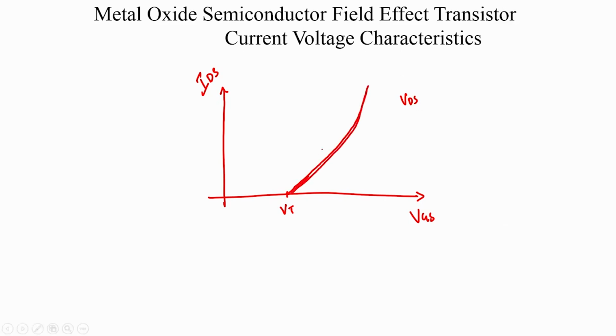So, once you pick a certain VDS, let us say VDS is now fixed, for values of VDS less than VGS minus VT, which implies that in this region, VDS has the possibility of being less than VGS minus VT, the MOSFET will be in linear mode of operation, and in this region the MOSFET will be in saturation mode of operation.